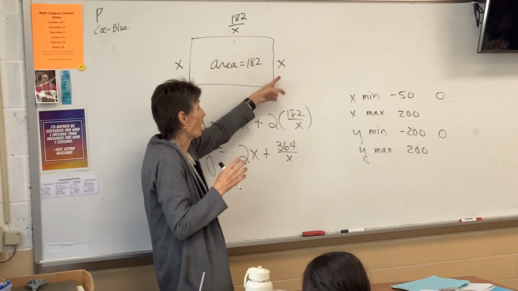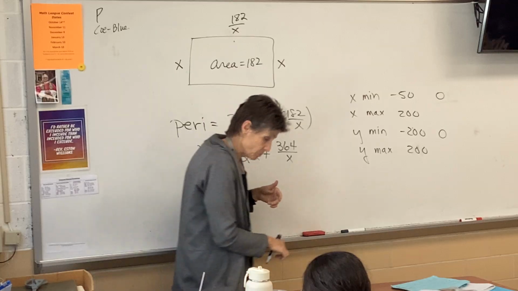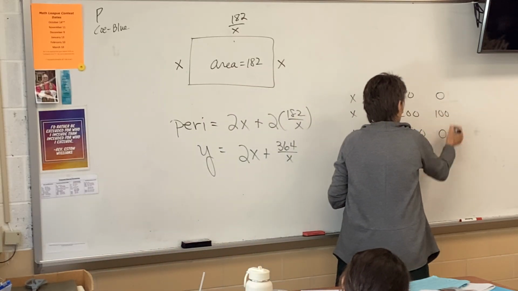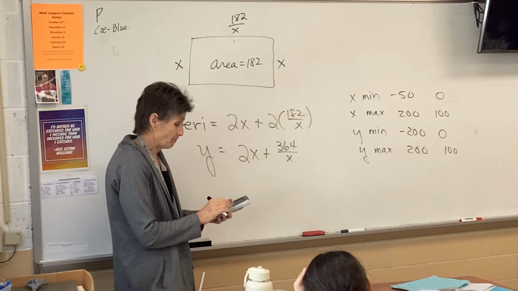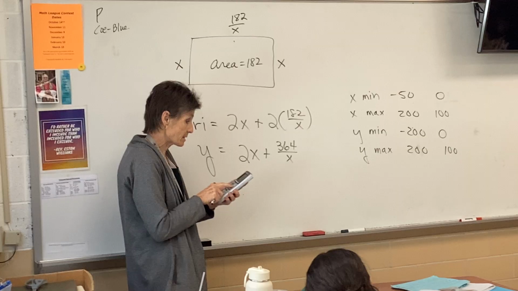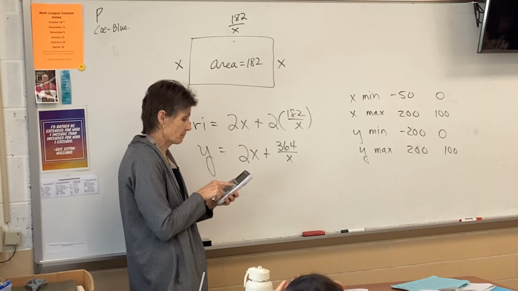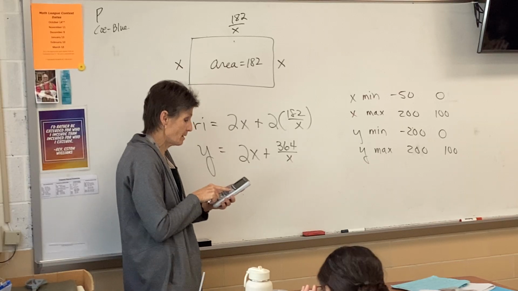I said, well, X and Y have to be positive. And then I actually used just 100. And I got a very defined minimum. So I will second trace minimum. Set my left bound and my right bound.